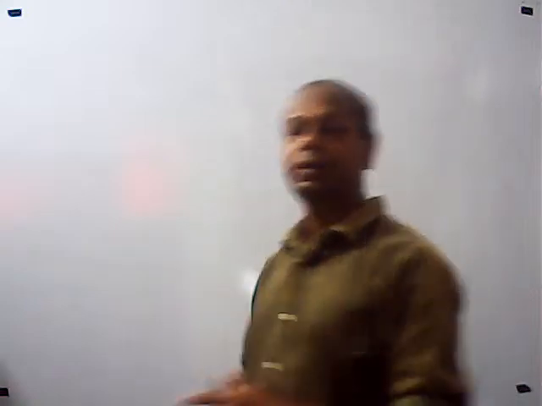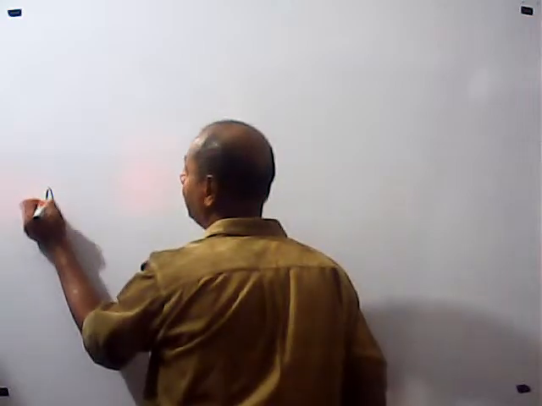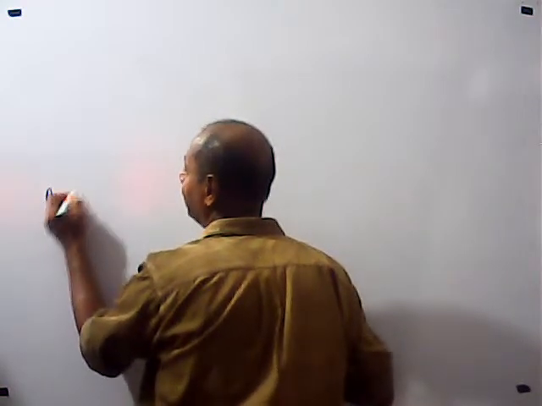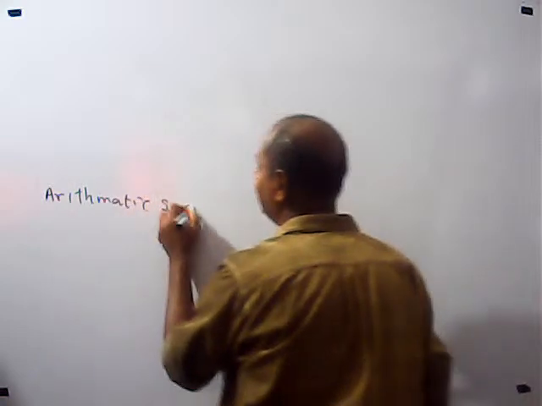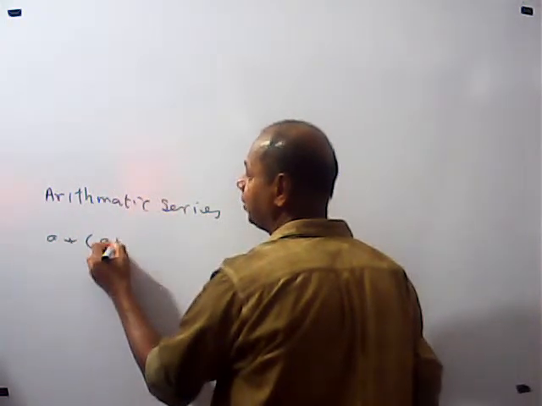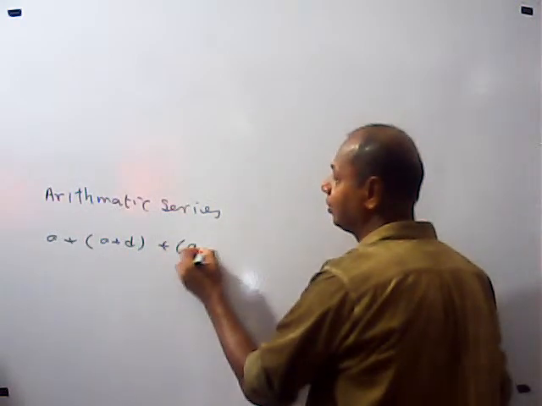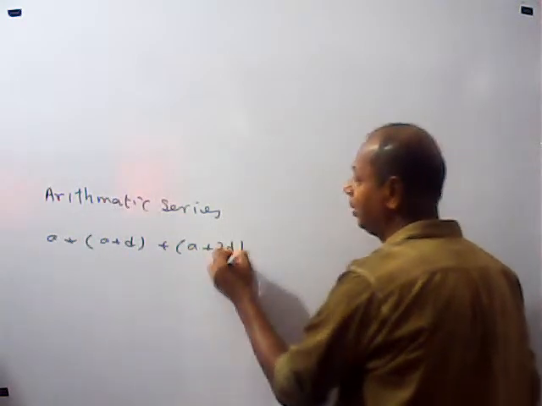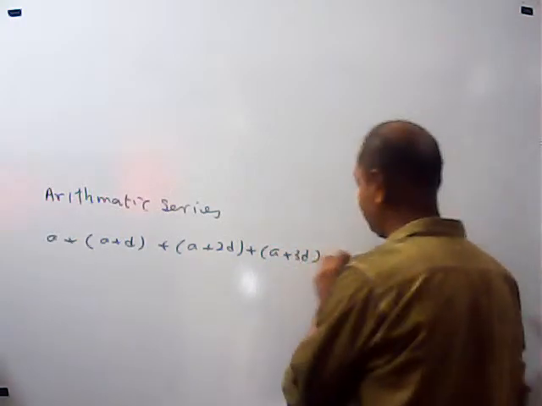Right. Question number 11. I was about to remind you arithmetic series. Arithmetic series is something of this form. The first term is a, the second term is a plus a constant d, the third term is a plus 2d, the fourth term is a plus 3d, likewise.